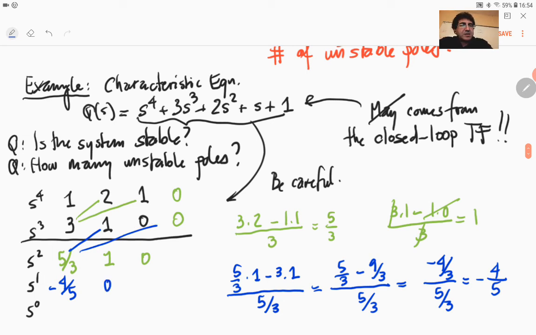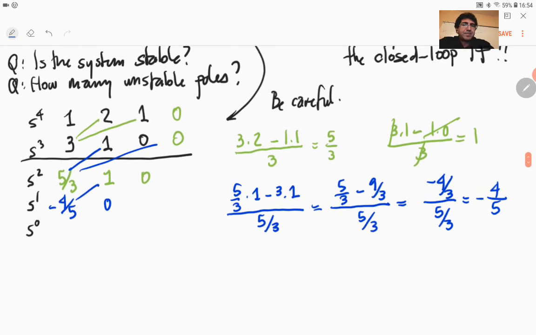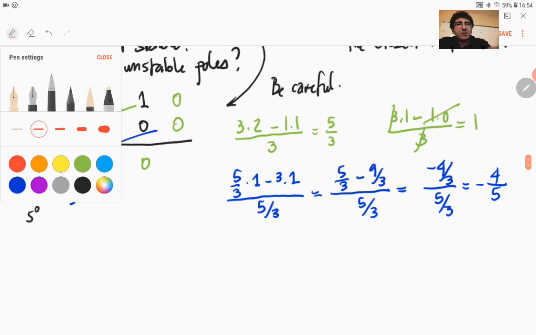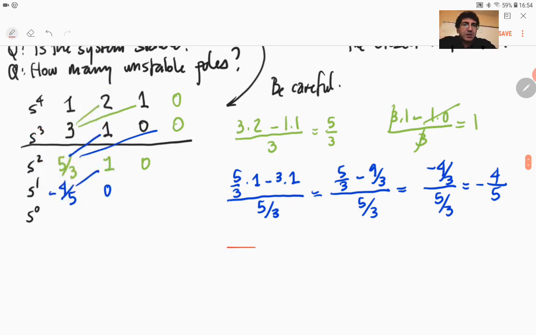And over here, it's going to be minus 4 over 5 times 1, minus 5 over 3 times 0. Let me also do this for completeness.